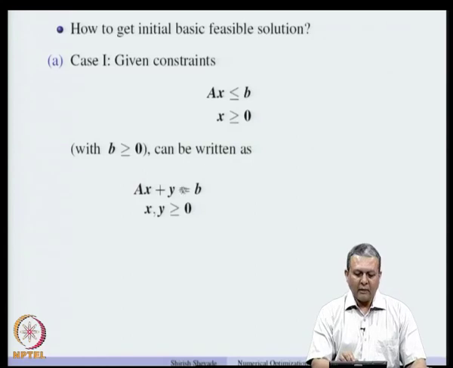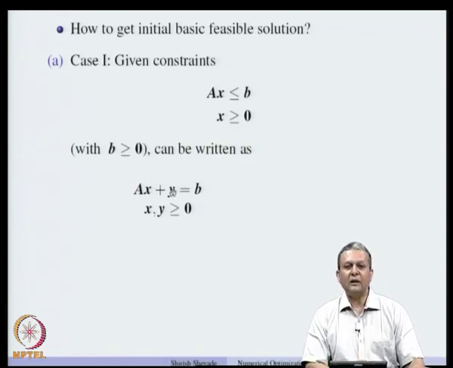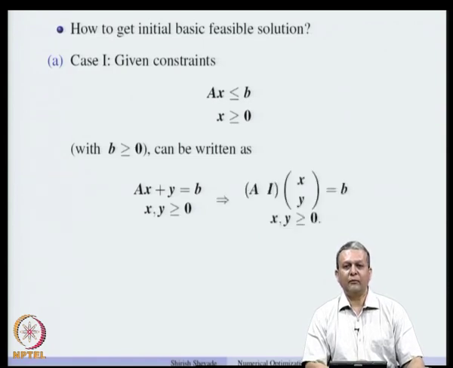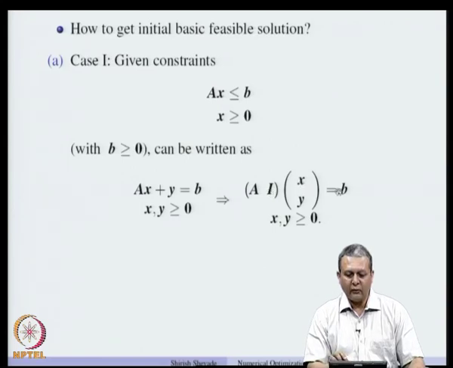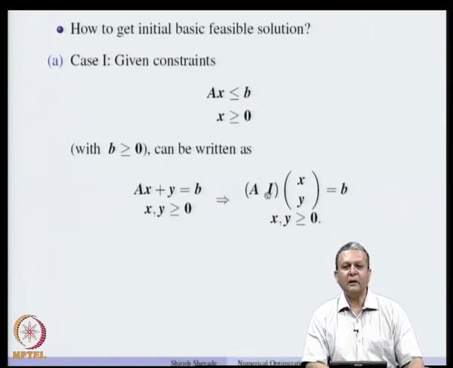By introducing the slack variables, the constraint set now will have a submatrix which is an identity matrix. So, this set of equations can be written in the form [A I] times [x y] equal to b. This is nothing but Ax plus Iy equal to b, with x, y non-negative. Now, if you look at the constraint set matrix, there is a submatrix which is an identity matrix.